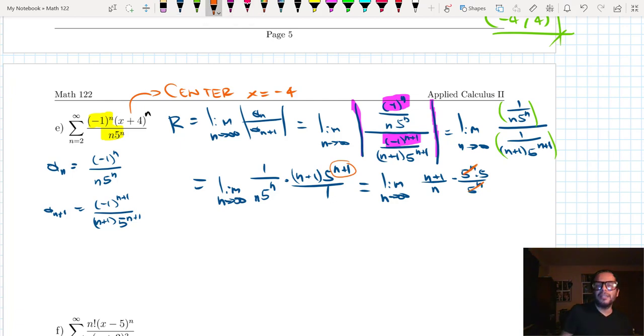This 5 to the n cancels. And notice in this case, this 5 right here can be just written in front of the limit symbol. So I'm going to have 5 limit as n approaches infinity of n plus 1 divided by n. Again, if you want to do it the old-fashioned way, this is limit n over n, this is 1 over n.